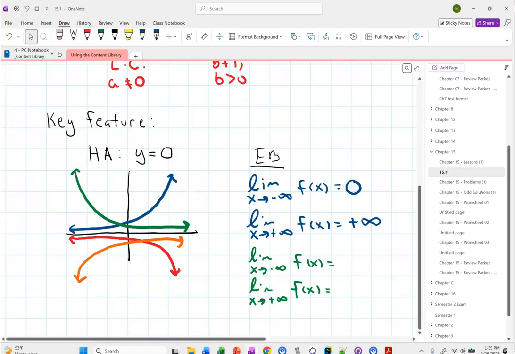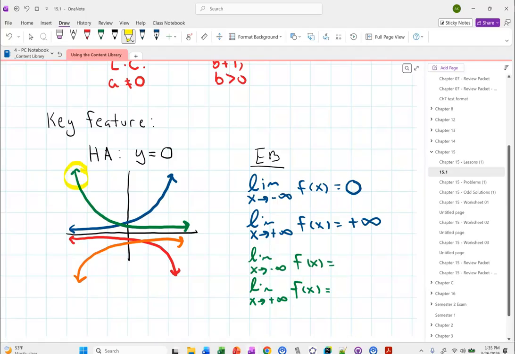Now let's look at the green graph. That first end behavior is representing the left end of the graph. What is that left end of the graph pointing to in the y direction? Positive infinity. And how about the right end of the graph?